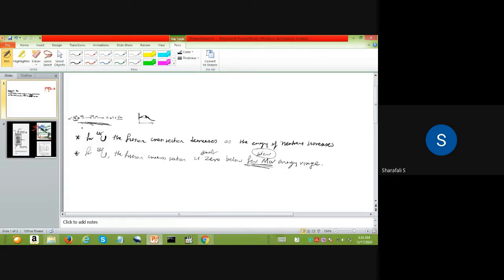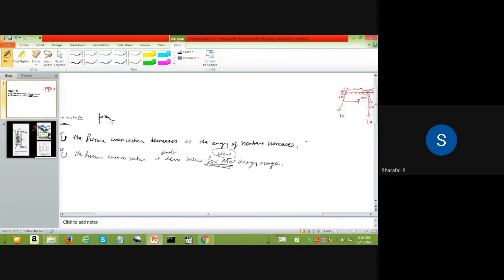When you write it in your notes, you have to write all those points we discussed from that figure.